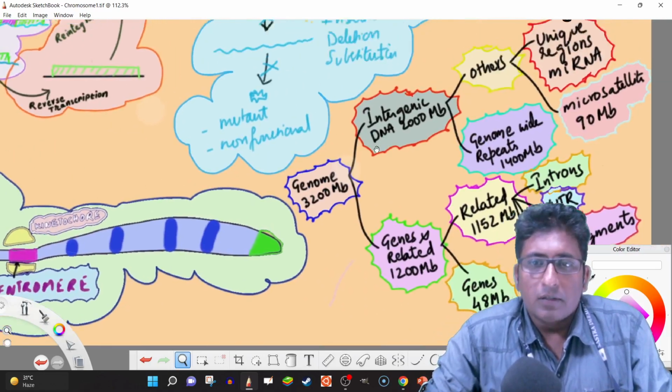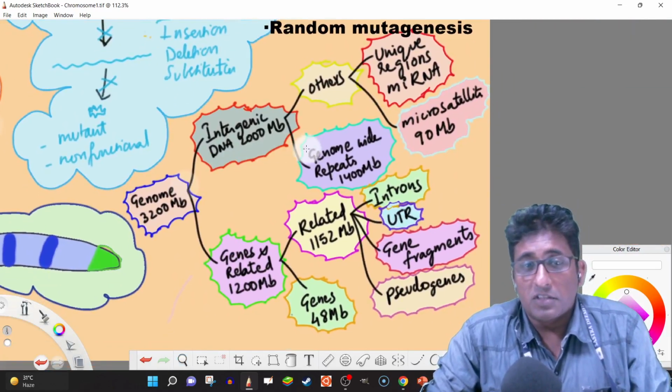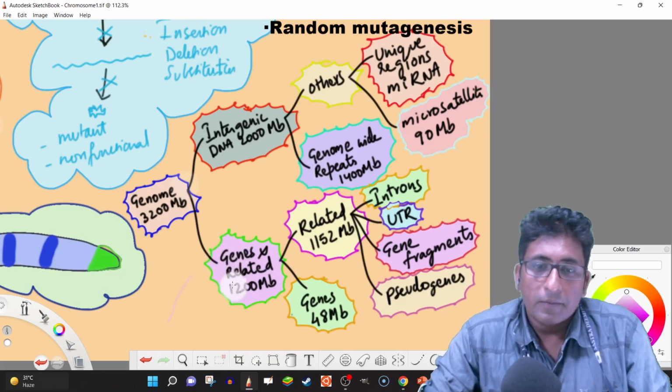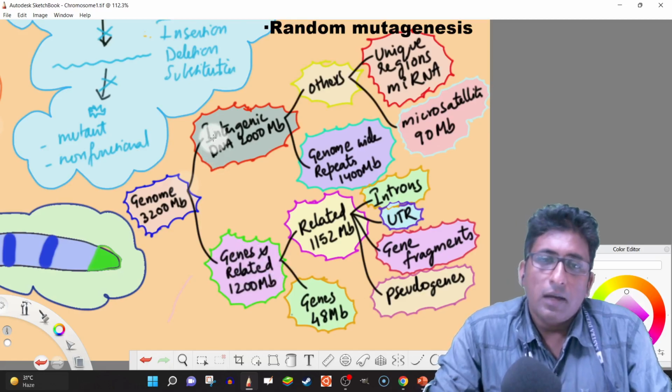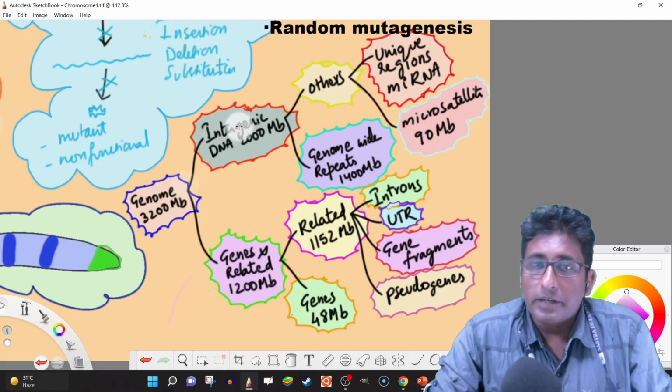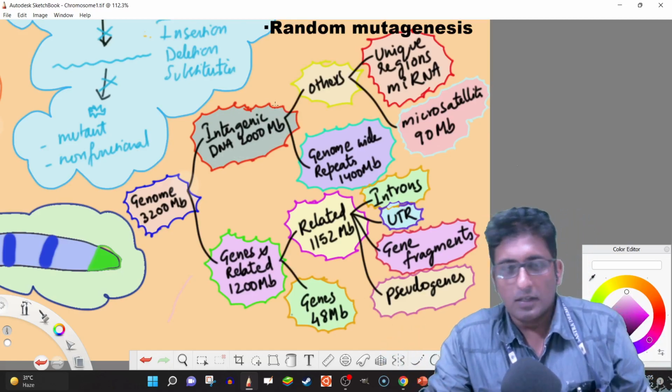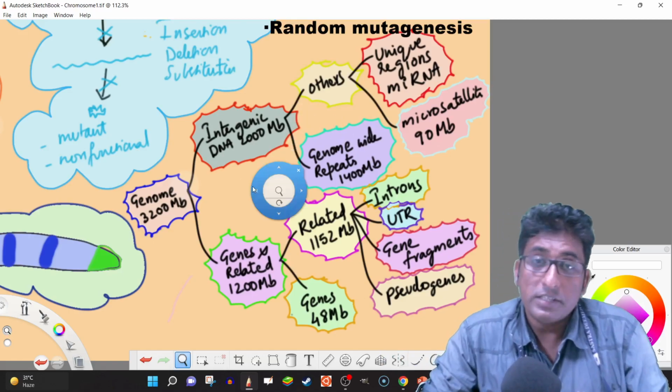In summary, we can see the human genome, which is 3.2 gigabase pairs, and there are gene-related sequences and elements present in the intergenic sequences. This is about 2000 MB. That means there is a large amount of space between genes in a genome.